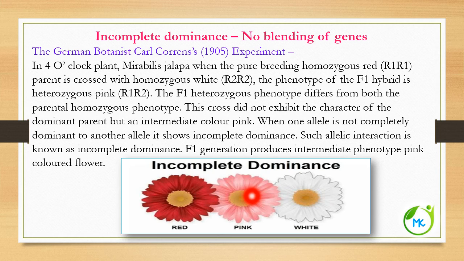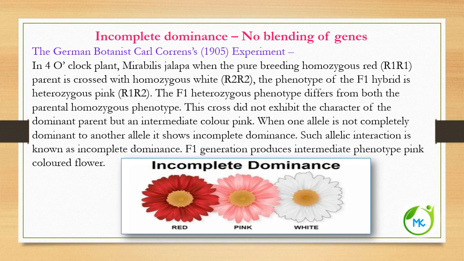This F1 phenotype differs from the parental phenotype. If it were the law of dominance, that is Mendel's monohybrid cross, in F1 he would have got only the red flower, because red is the dominant. But it is not; it is an extension of Mendelian genetics, it is intragenic interaction.